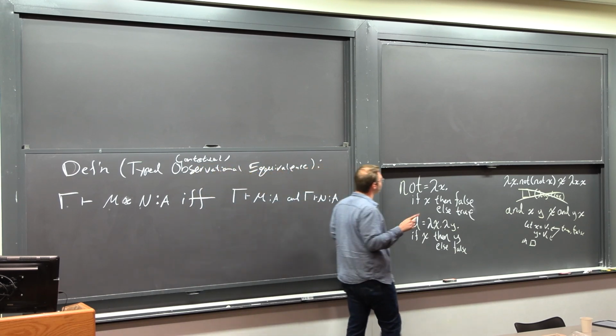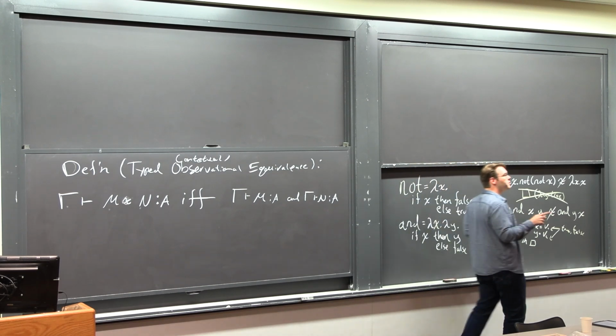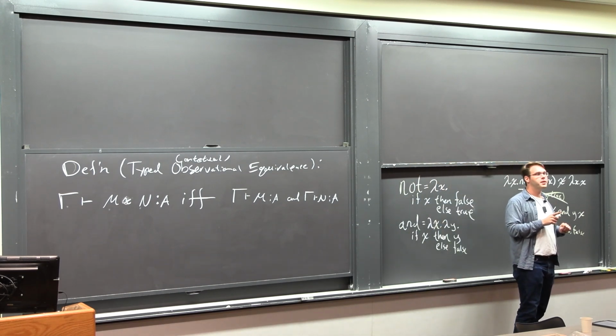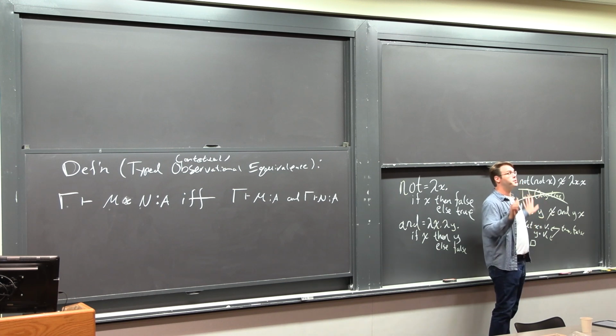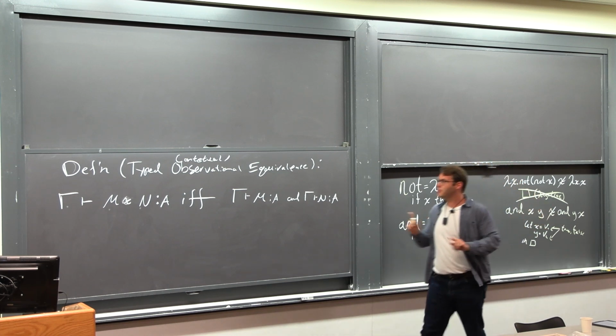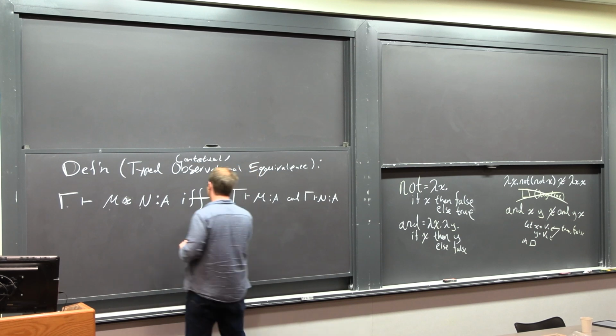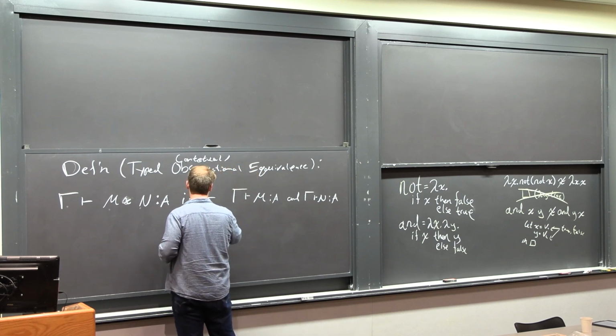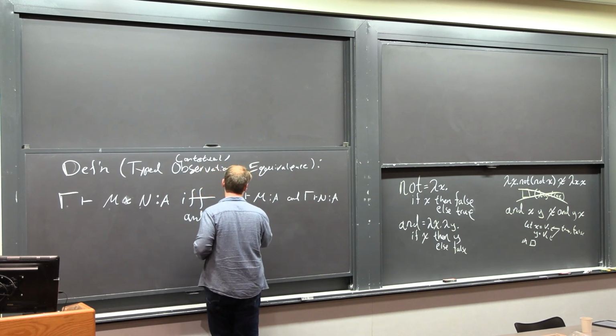A lot of people do typed holes. I want more than evaluation contexts, though, because I want to say this applies in arbitrary contexts. So I'm doing arbitrary contexts. That's a slight difference. And I'll say for all contexts.